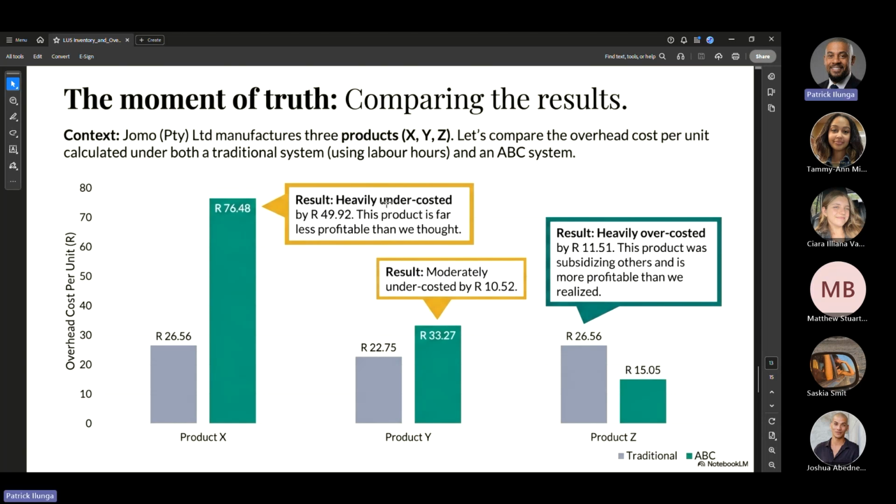So this is heavily undercosted by about 50 rand. Look at that. 76, 26. Almost 50 rand gap.